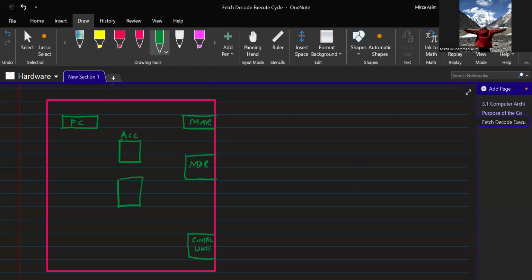That is your ALU, arithmetic logic unit, which performs all the calculations, mathematical and logical. Logical means all Boolean operations, right? And the accumulator is used to store the interim results of the ALU or the processor, right?